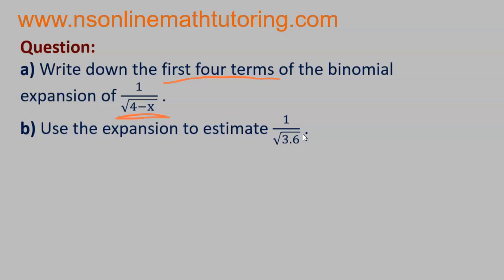We had estimated one more fraction in our previous session, and in our today's session again we are having a similar question. It is asking us to estimate 1 over under root 3.6 using this binomial expansion. So let's start with our answer.